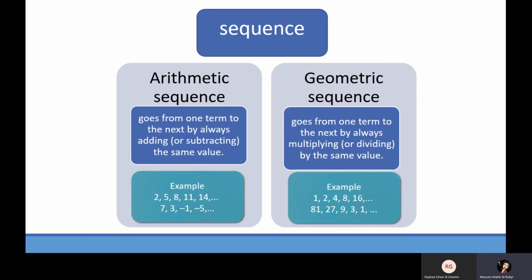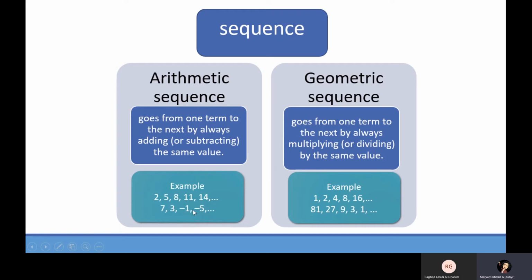So an arithmetic sequence goes from one term to the next by always adding or subtracting. I think I also gave you the example 2, 5, 8, 11, 14, and so on. Here you can see between 2 and 5 it's by addition, plus 3, from 5 to 8, plus 3, from 8 to 11, plus 3, and here also plus 3.